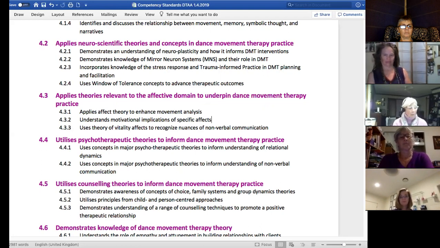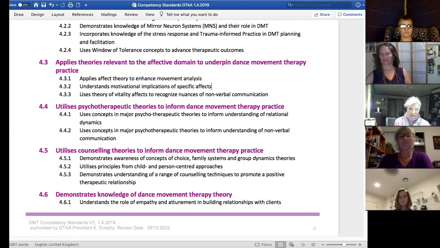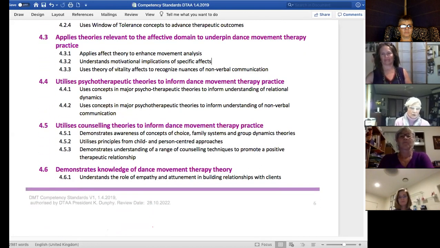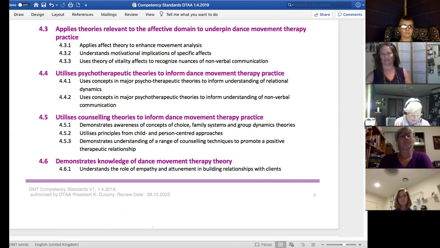Then there are theories relevant to the affective domain, that is emotion. There's a lot of work out there on affect theory, and it's very important to dance therapy because we work with expression and expression of emotion. So that's where this domain came out of.